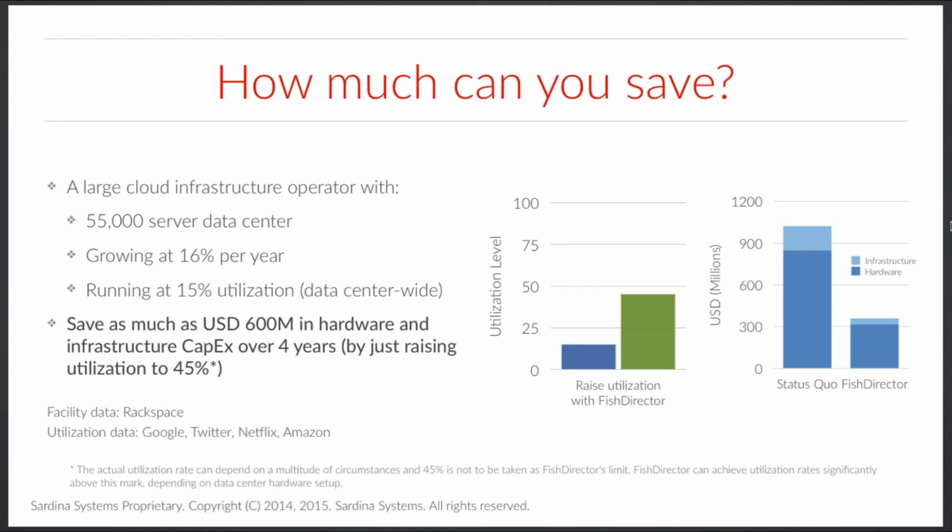By raising utilization to 45%, one would be able to save in the order of $600 million in hardware infrastructure CapEx. It's quite simple. Raise utilization, you could do with fewer servers.